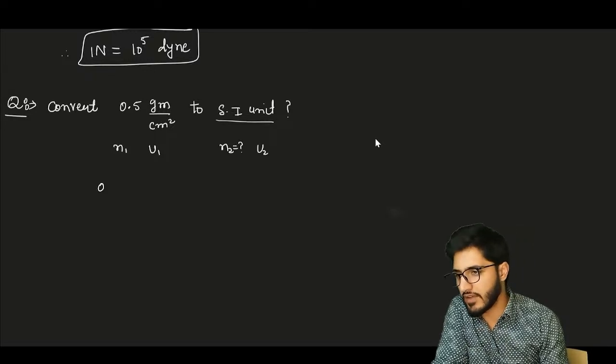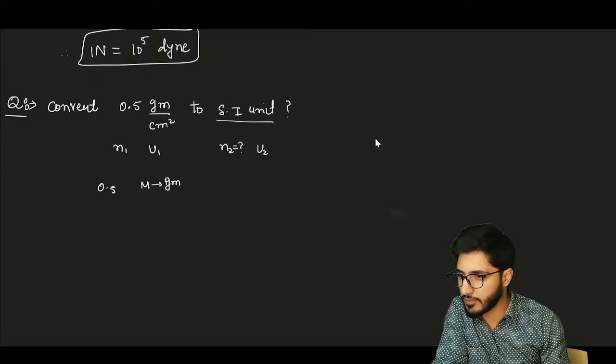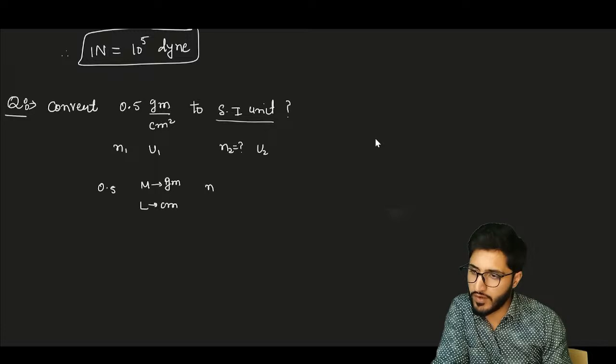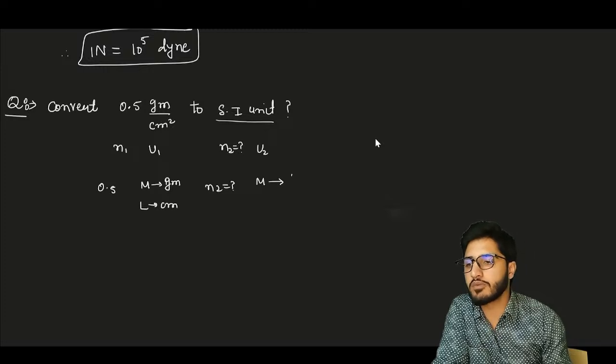So n1 we have 0.5. In u1, my mass is given in gram and my length is given in centimeter. So n2 we need to find out. What would be the mass in my SI unit? It would be kilogram, and my length would be in meter.